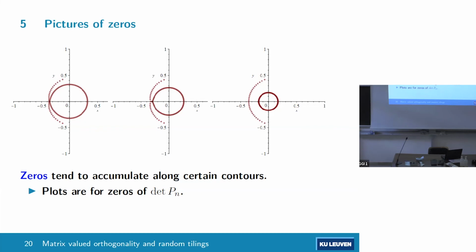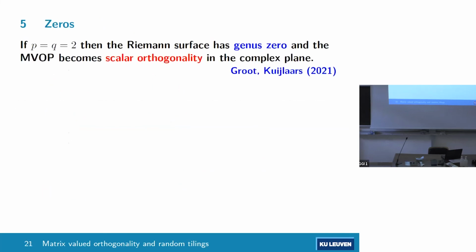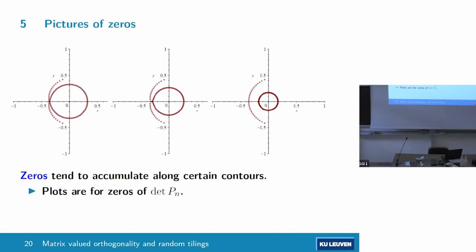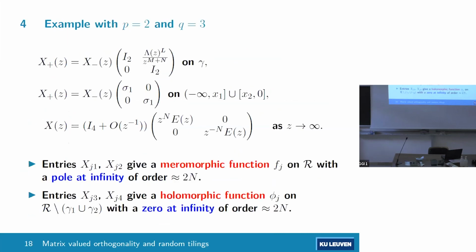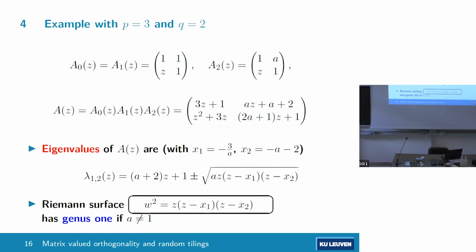That happens for these meromorphic functions, but what the plots actually show are the zeros of the determinant of the matrix valued polynomial, but they behave in the same way. This is the parameter A that I had in this model here.